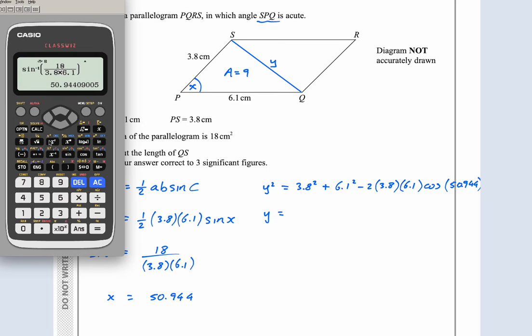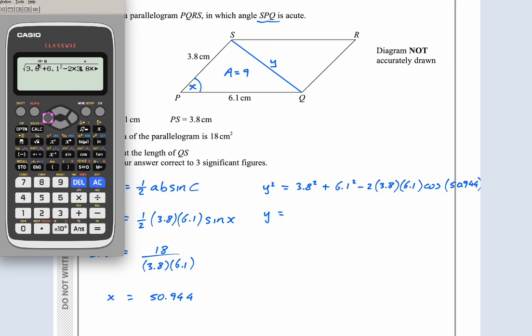So it's the square root of 3.8 squared plus 6.1 squared minus 2 times 3.8 times 6.1 times cos of 50.944. Press enter, and I've done something silly.